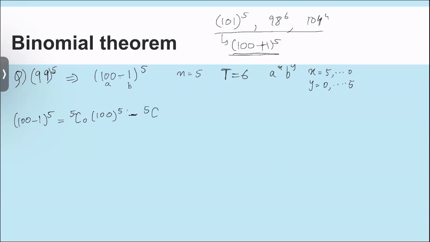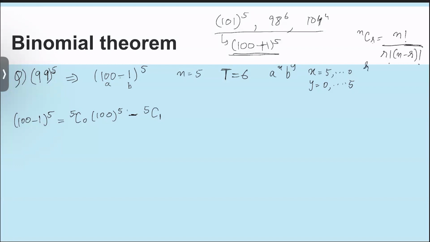So then you have 5C1. Your combination is usually written as nCr, which is n factorial over r factorial times n minus r factorial. In this question's case, r will start from 0 and go all the way up to 5.